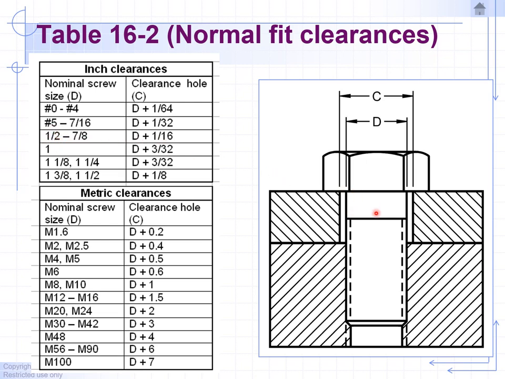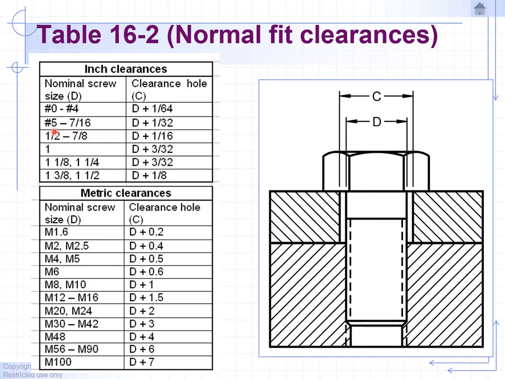The bolt is 1/2 inch diameter, so for the clearance hole you're going to add 1/16. It's just 0.50 plus 0.0625, and that'll give us 0.5625 diameter for the clearance hole.